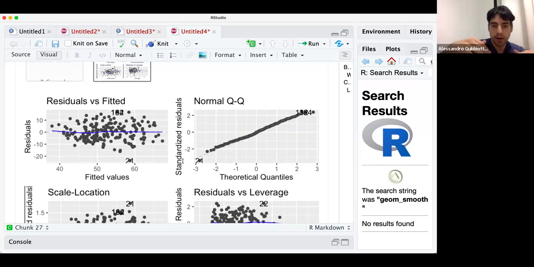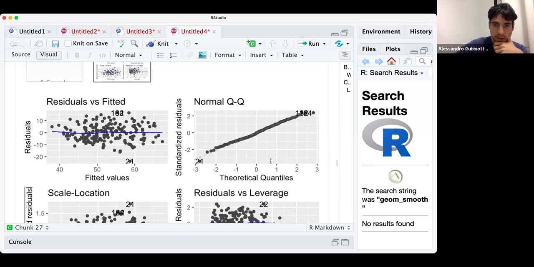The more these points are on the diagonal, the more similar the residuals are distributed as a normal. So this is the meaning of this quantile plot.